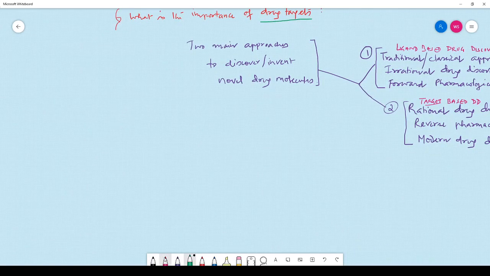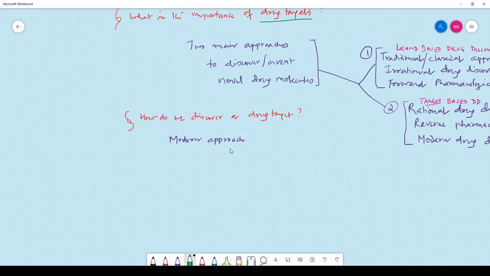Now we ask ourselves the question, how do we discover a drug target? Here we are going to discuss the modern approach.